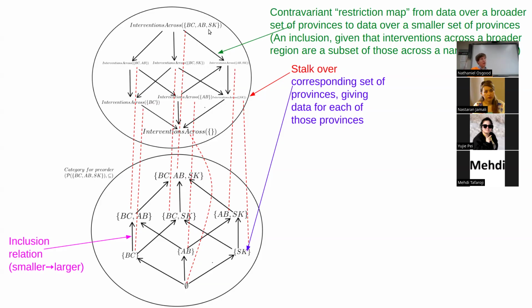during the COVID-19 pandemic. So maybe for a given interval, there was a given intervention that was consistently in place between these provinces. This is our same space, and now this is the data about it. And now notice the relationships here. These are morphisms. They are contravariant because they are going to reflect restricting down here.